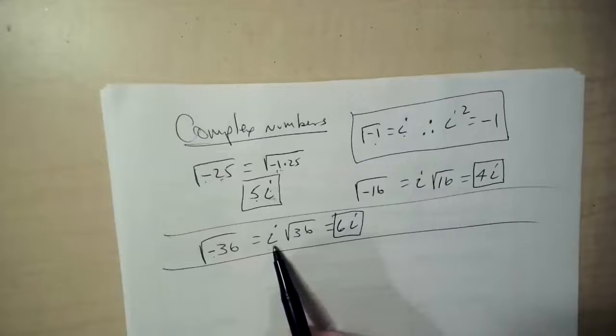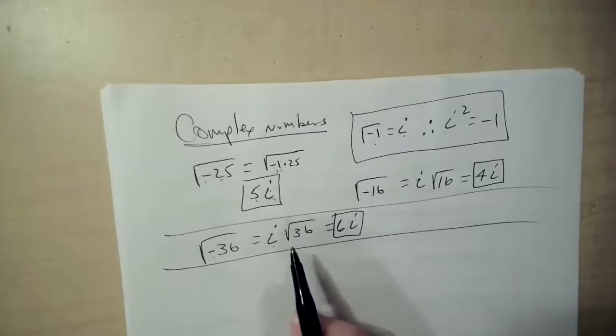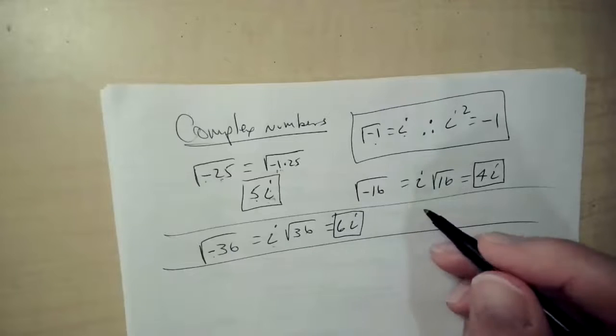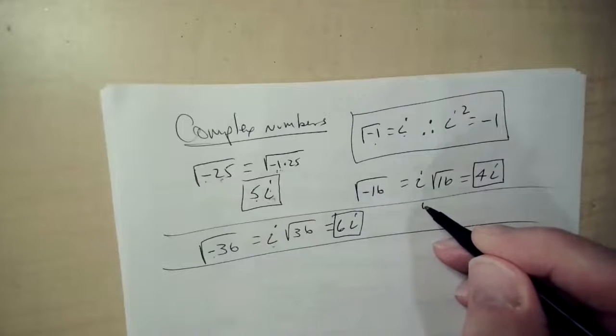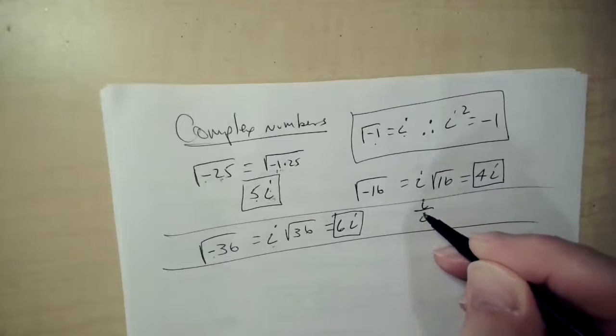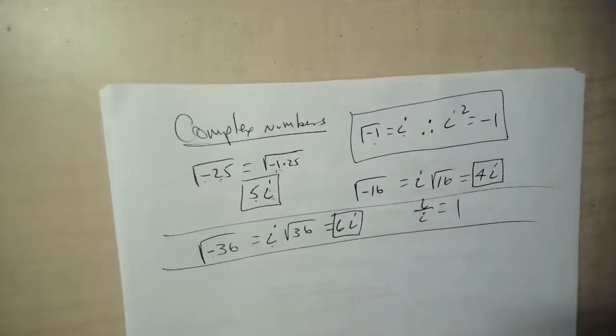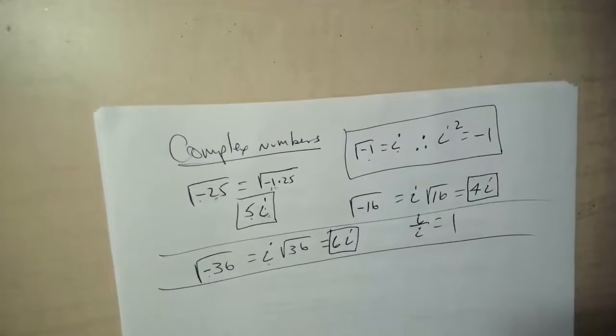Let's see. Okay, now you can think of the i as a number. So if we have i divided by i, that is 1.